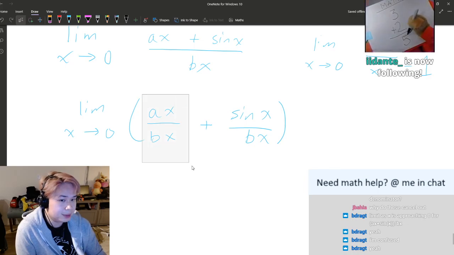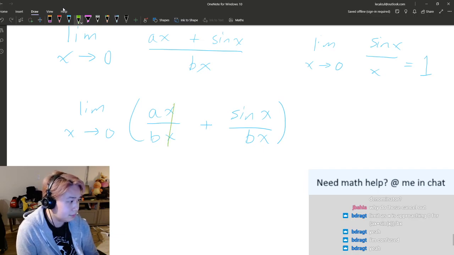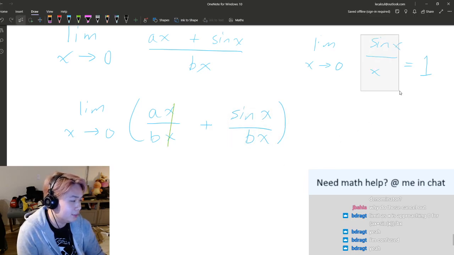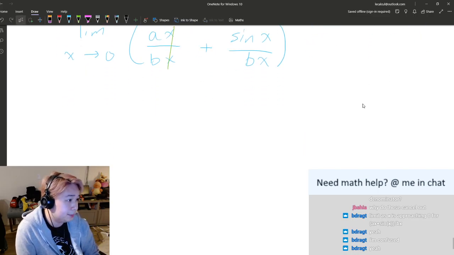And then this part of the limit's easy to evaluate because the x's cancel. And then essentially this, we just need to kind of make it look like this, and we're pretty close. What we can do is we just take out the b and write it as a coefficient, because coefficients don't affect your limit.